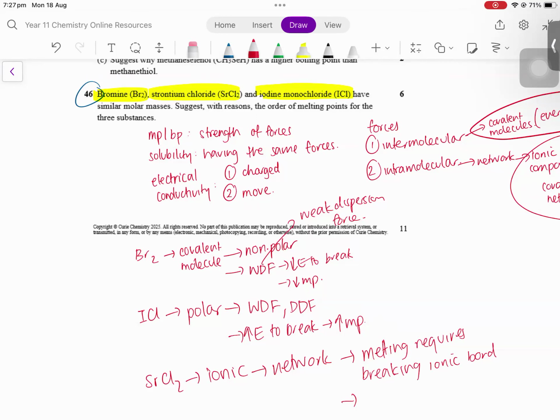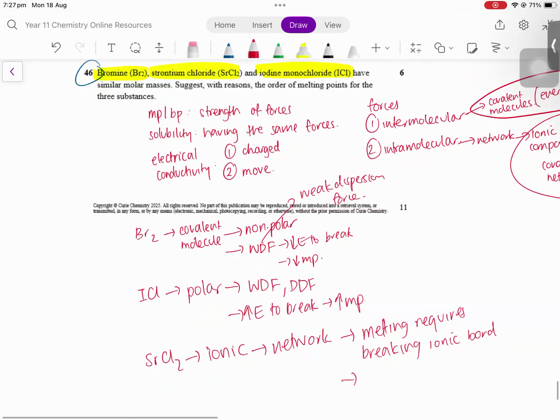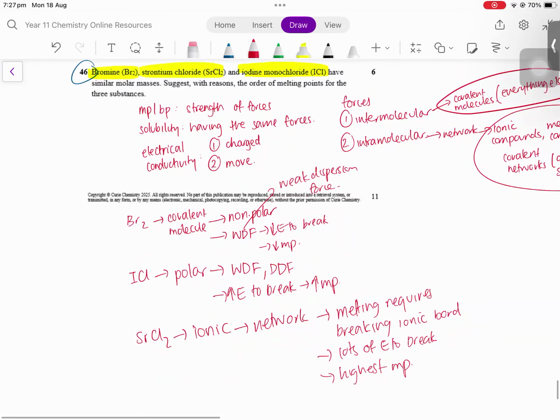So if you're going to break the ionic bond, it requires lots of energy to break. So it's got the highest melting point. Okay. So they asked you to order it. That's why I did it in a different order to the question. Bromine's lowest, followed by ICl, followed by SrCl2.